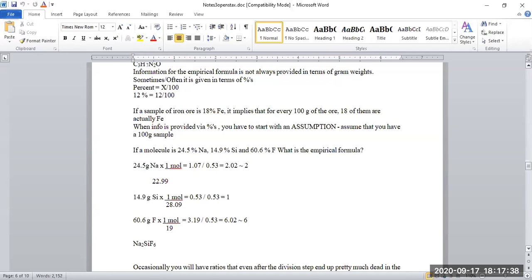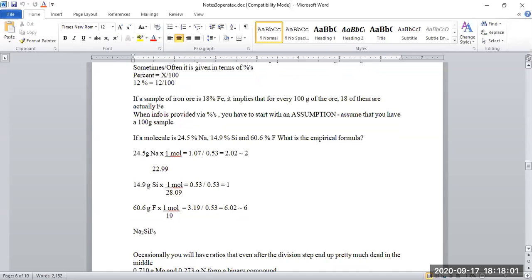Then there's more math involved. We're not going to dig deep into those particular problems, but I think there might be one example in your textbook that does a variation on that. So do be aware that it does exist.